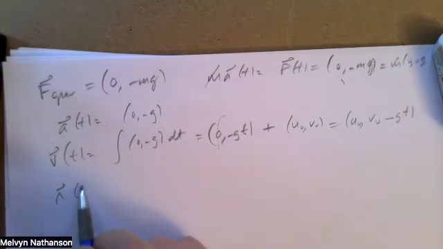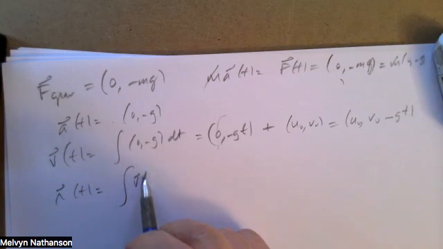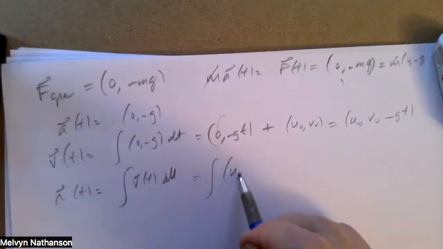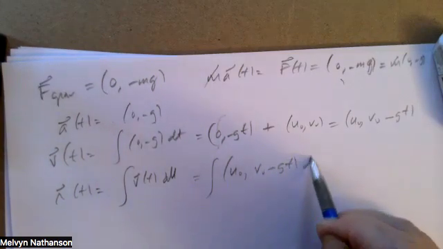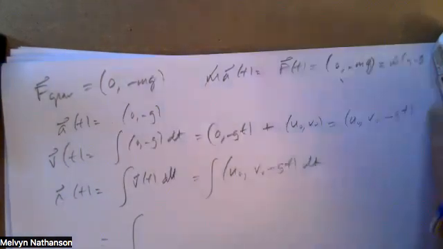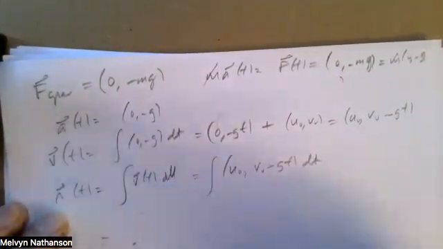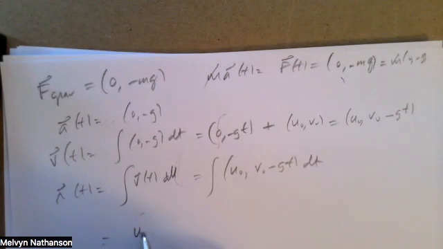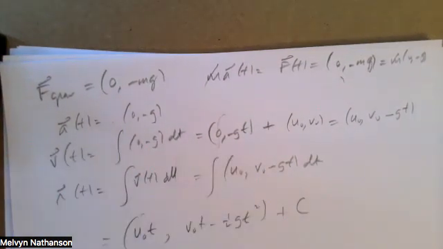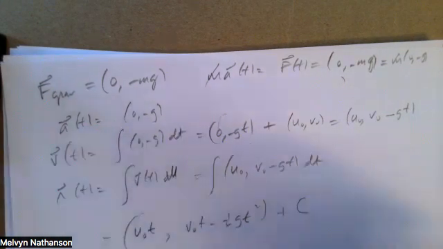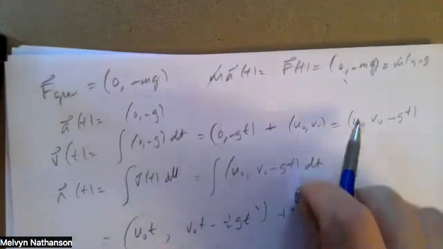And then the position is the integral of the velocity, that's the integral of u0, v0 minus gt dt. If I integrate this, the integral of a constant u0 is u0 t comma v0 t minus a half gt squared plus some other arbitrary constant, which is the initial position.